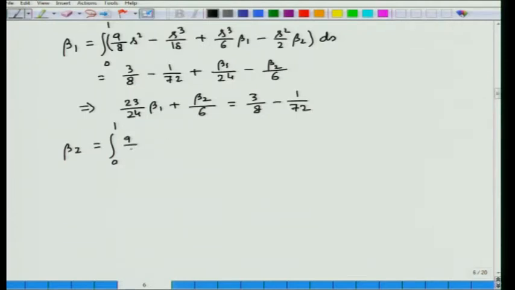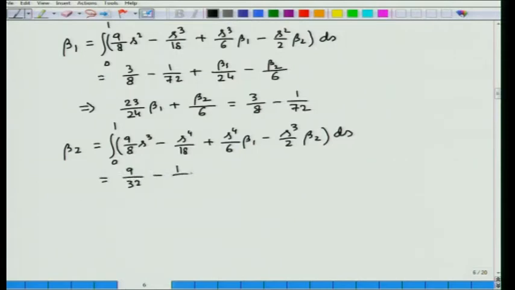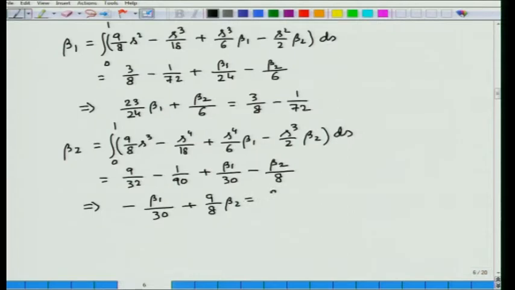So, this will be 9/8 s cube minus s to the power 4 divided by 18 plus s to the power 4 divided by 6 beta 1 minus s cube by 2 beta 2 ds, and this is equal to 9/32 minus 1/90 plus beta 1 by 30 minus beta 2 divided by 8, and from here we will be having another equation, that is minus beta 1 by 30 plus 9/8 beta 2, this is equal to 9/32 minus 1/90.